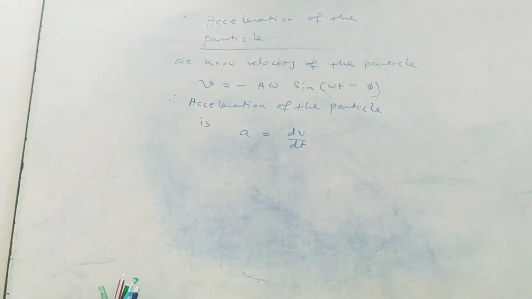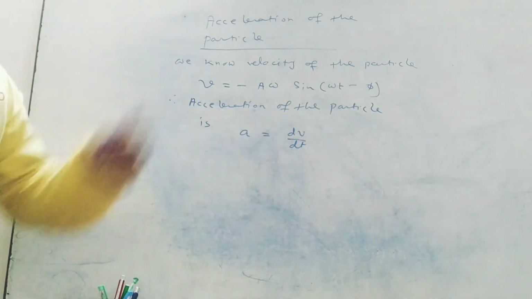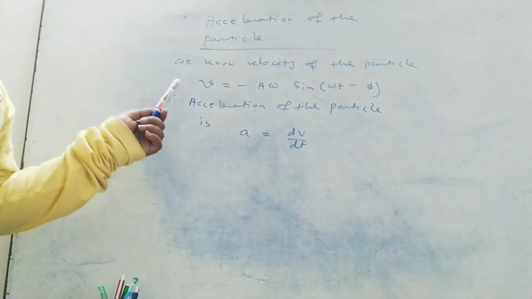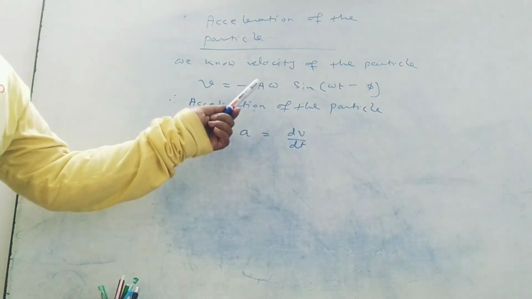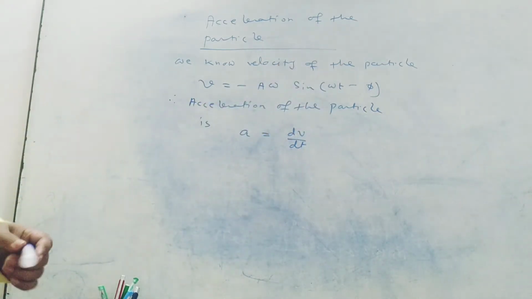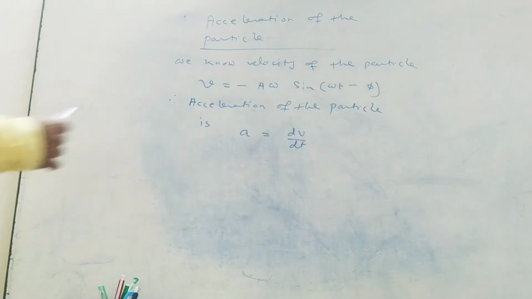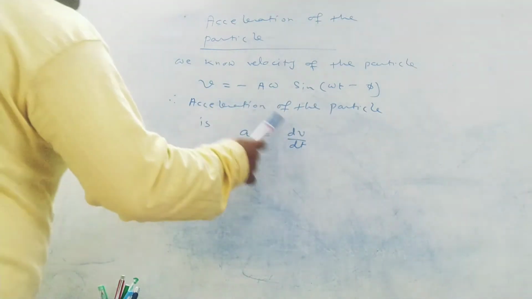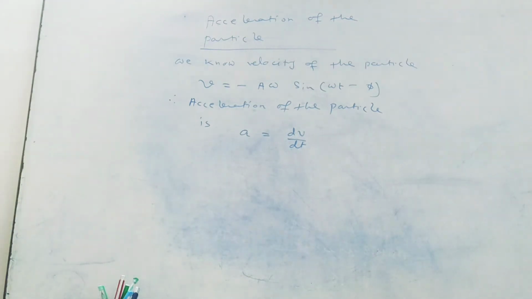Now we are going to find out the acceleration of the particle. We know velocity of the particle is v is equal to minus a omega sine omega t minus phi. Therefore, acceleration of the particle is a is equal to dv dt, that is differentiation of velocity with respect to time t.